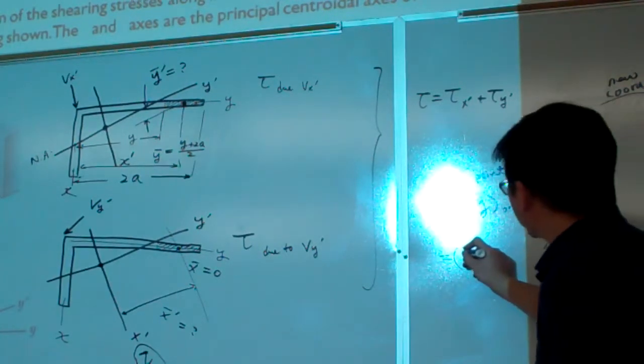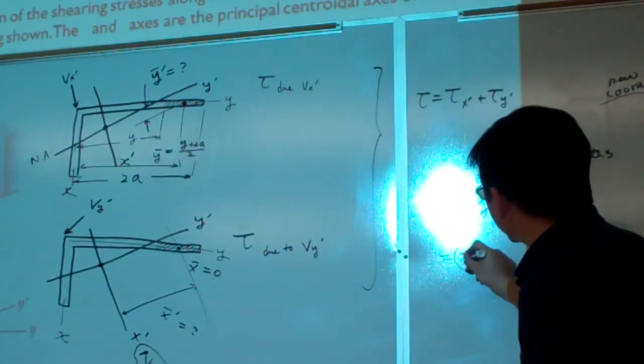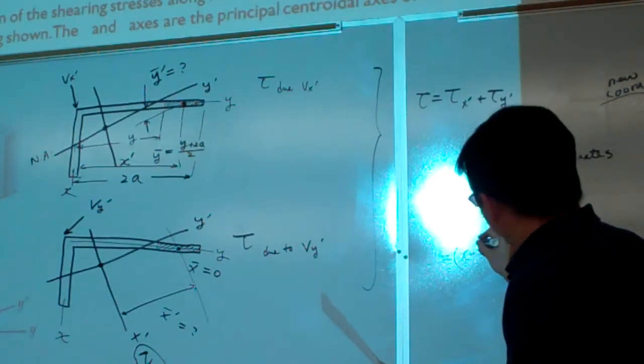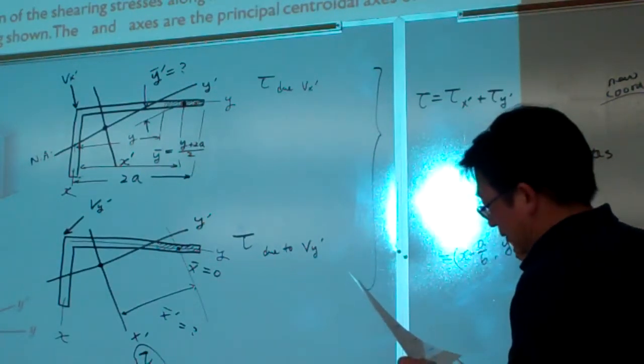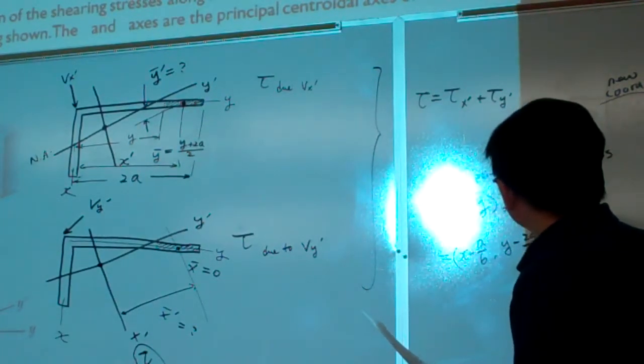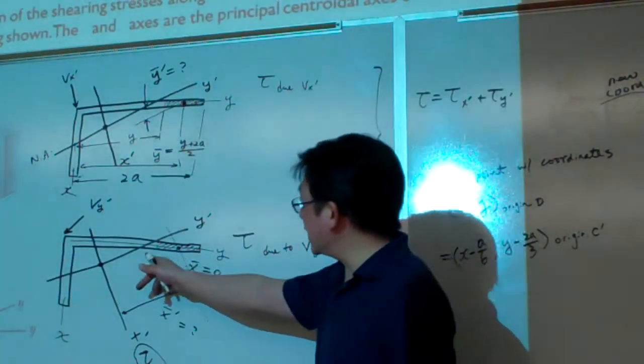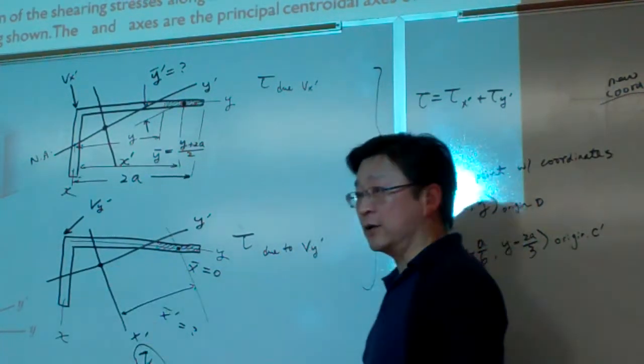And for this case, that basically will be equivalent to x minus 6a and y minus 2a over 3. Can you see it? And that is the information we want to take it up. Because right now we're going to convert into the x prime, y prime with new origins.